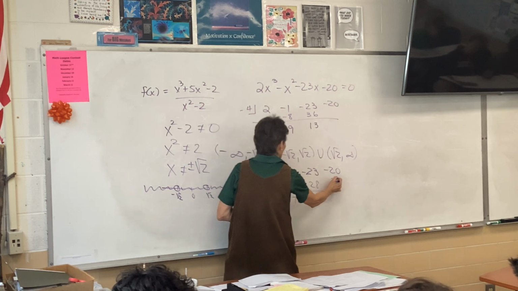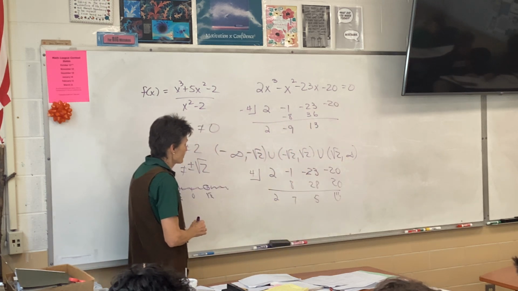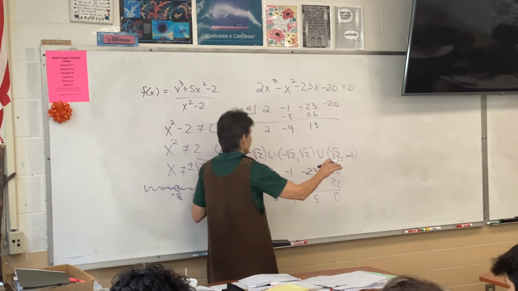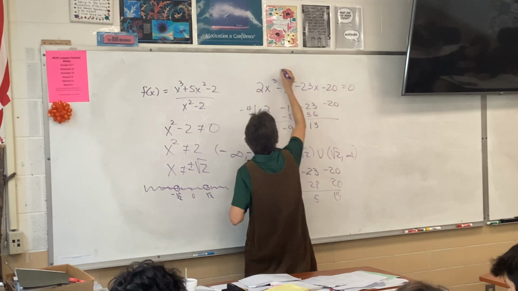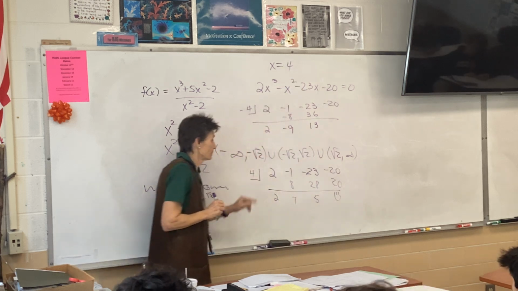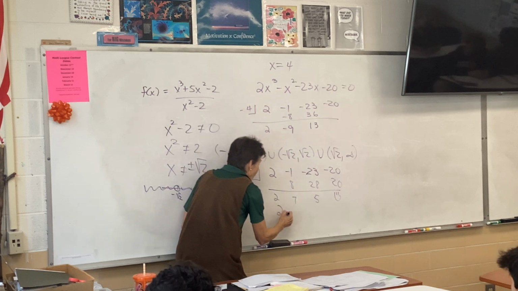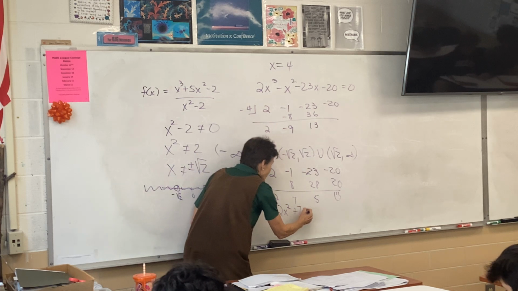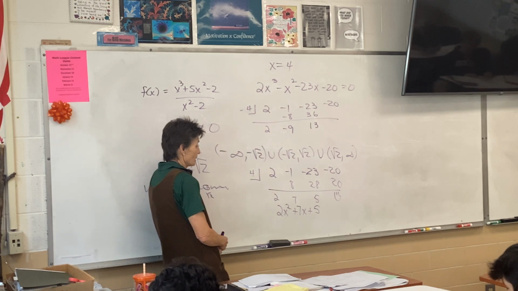Yep, there we go. So, remember, I'm finding the roots. This isn't an inequality. It could be, but it's not. So one of my answers is 4. 2x squared plus 7x. The other 2 are going to come from this.